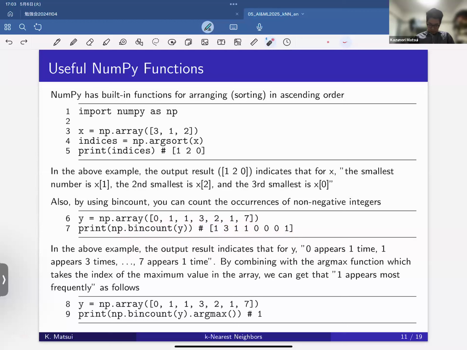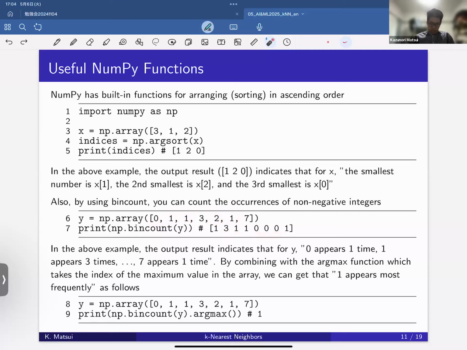This indicates 0 appears once. Indeed, 0 is here. 1 appears 3 times. Indeed, 1, 2, 3. 2 appears once, indeed here. 4, 5, 6 don't appear.